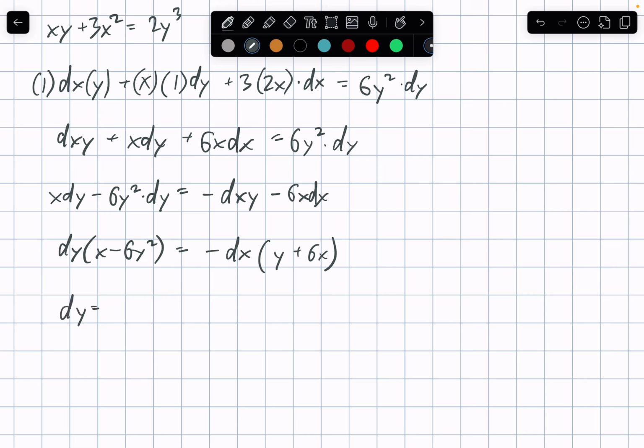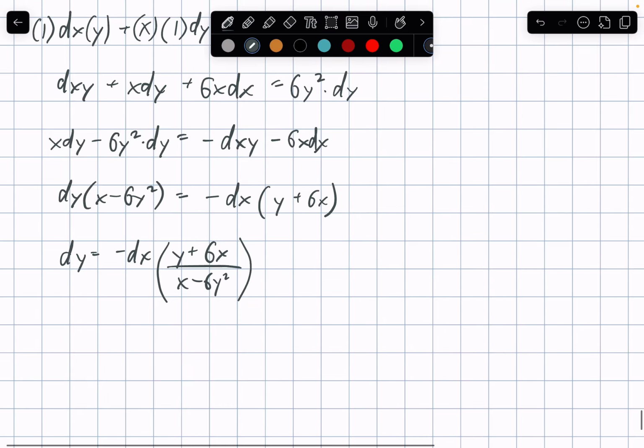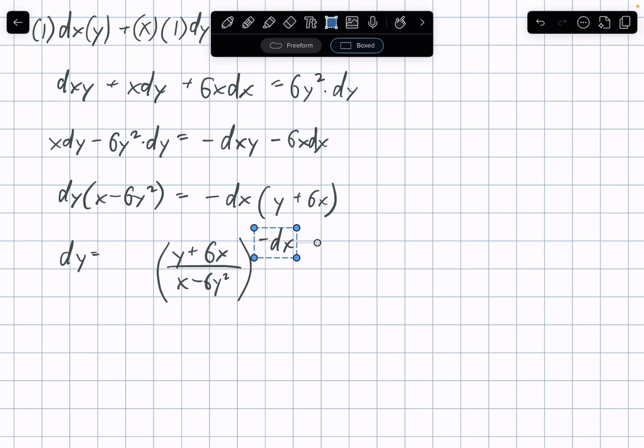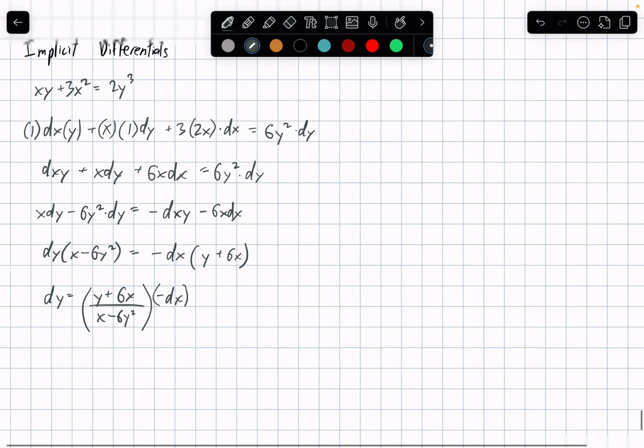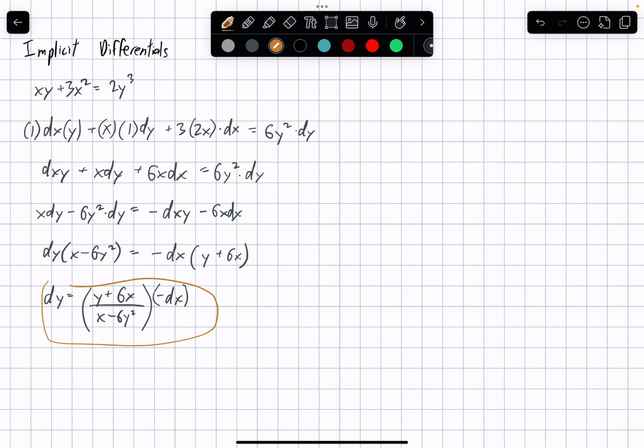There you go. dy is equal to negative dx. I think that's it. Yep. That's the final answer.